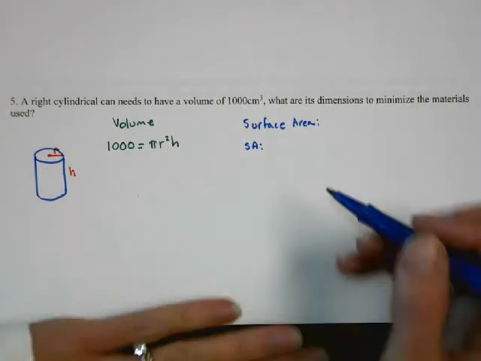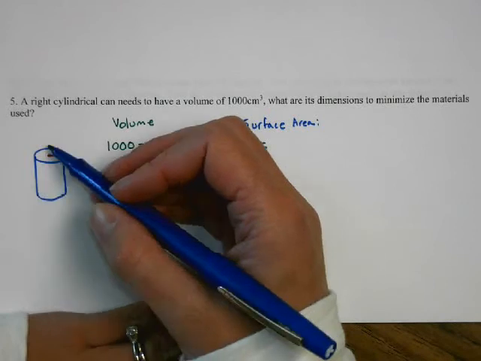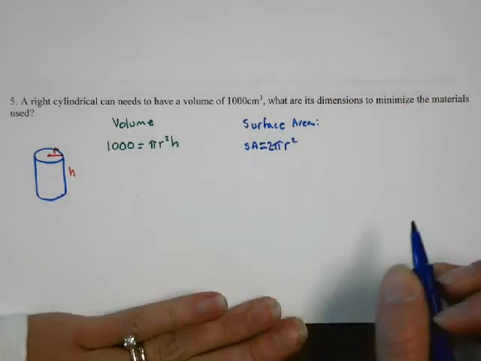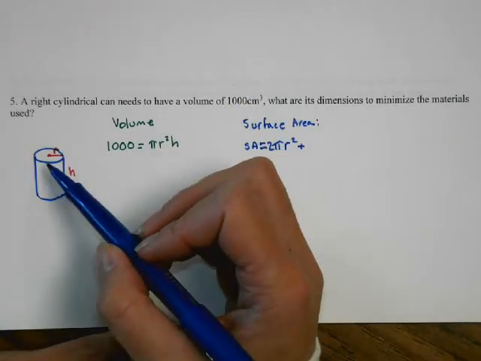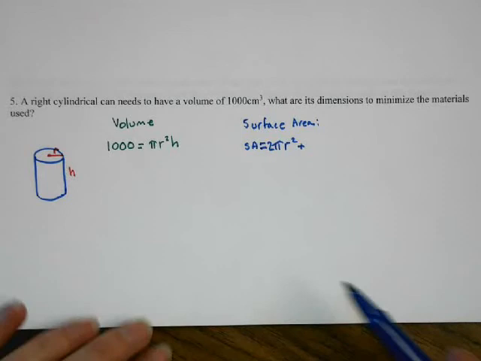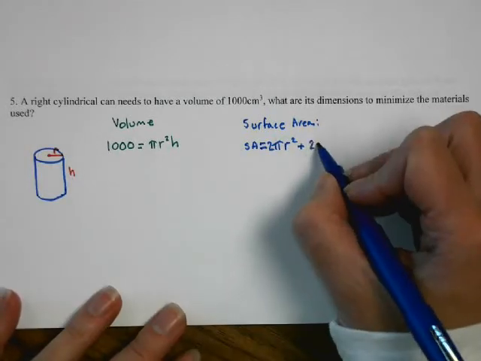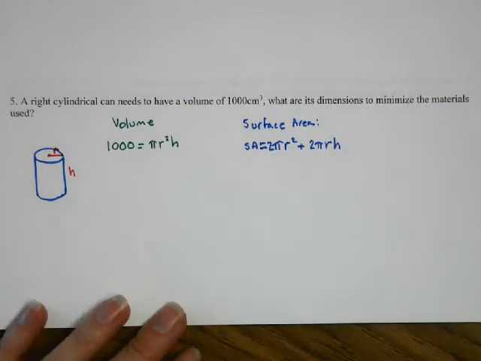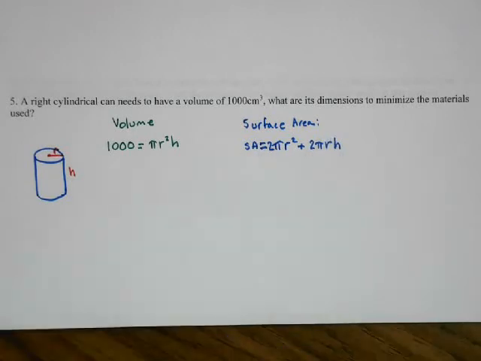Okay, surface area is the sides, so pi r squared, and there are 2 of them, so 2 pi r squared, plus the sides is, if you unfold it, it's going to be a rectangle. The base of that rectangle would be the circumference, so 2 pi r times the height. Okay, so this is my formula that we're going to minimize.